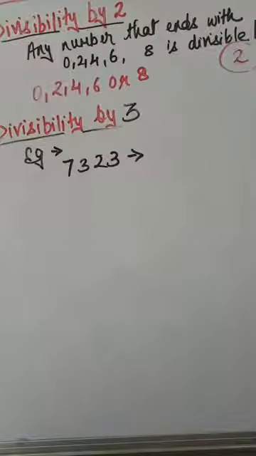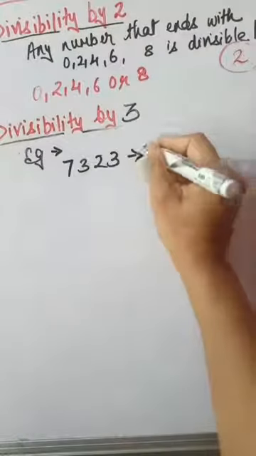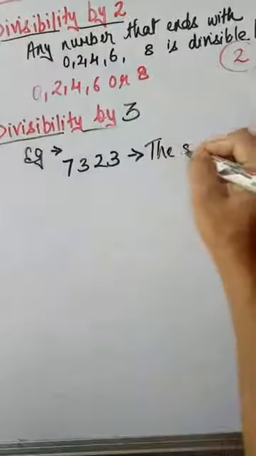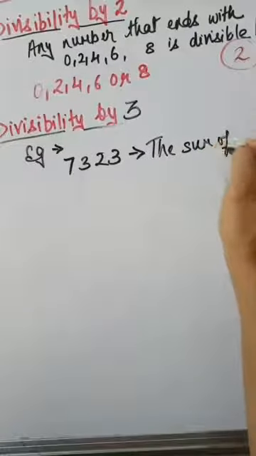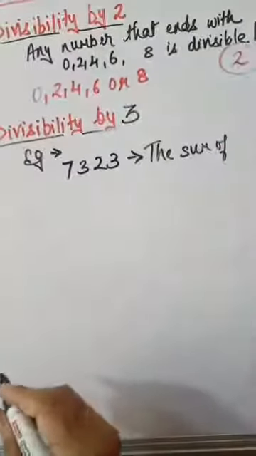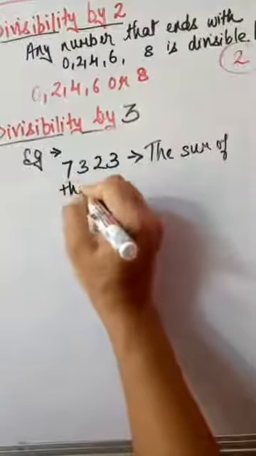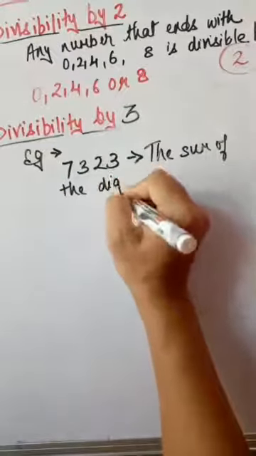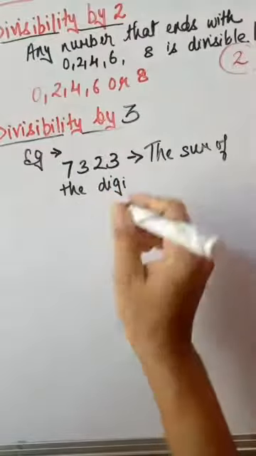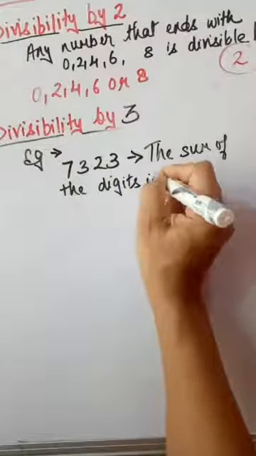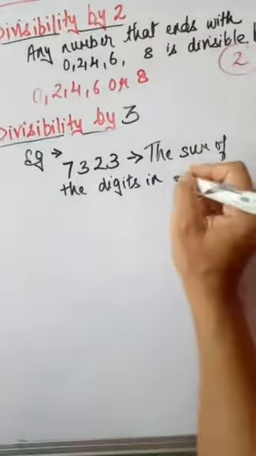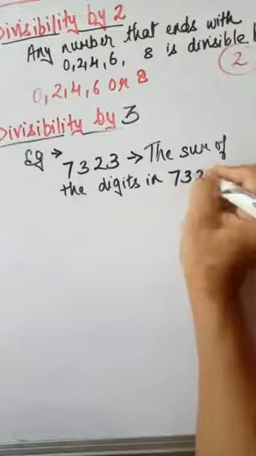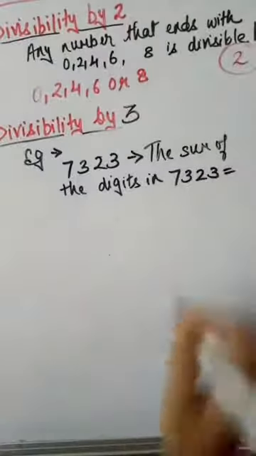First check the sum of the digits in 7323. The sum of the digits in 7323 is equal to how much?